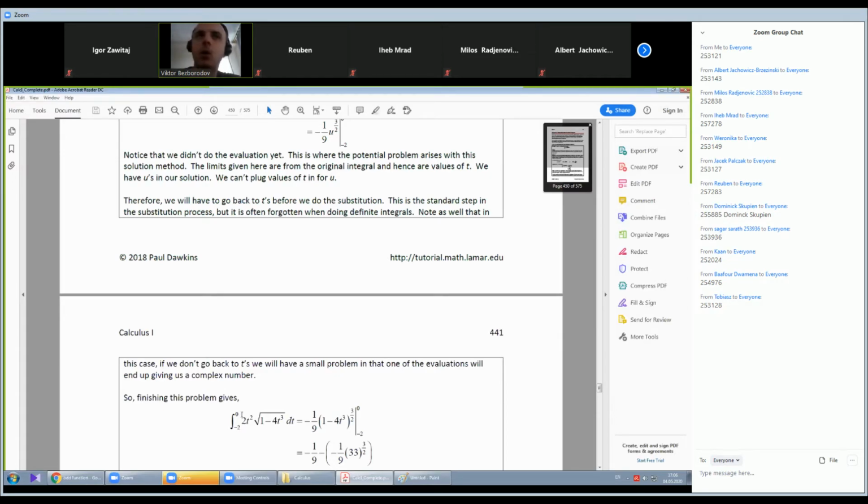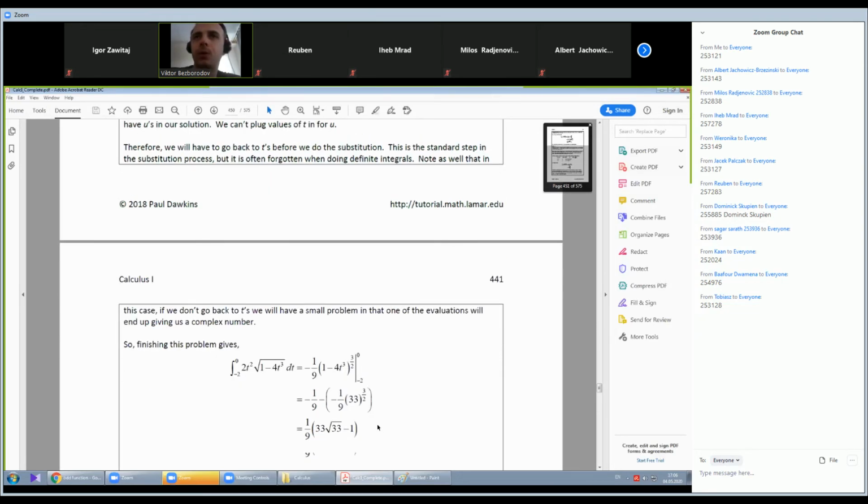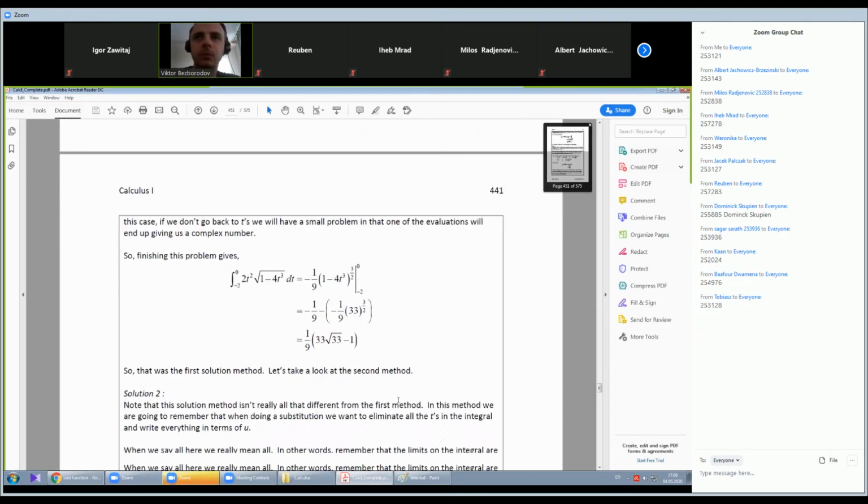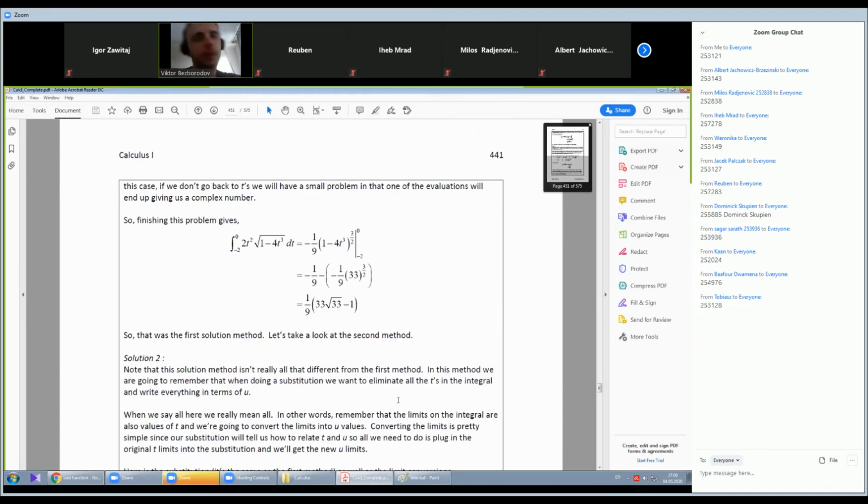Then you recall your limits of integration, plug them in, and compute, and that's fine. That was my method 1, and you don't need anything new for that one. You should already be able to do it on your own. But let's now have a look at the second method.